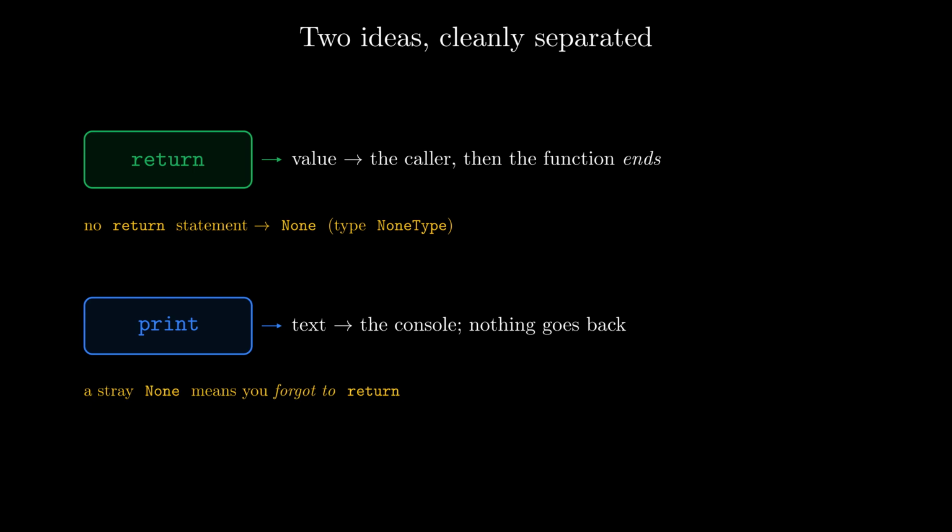It usually means you computed the answer and printed it, but forgot to return it. And remember the asymmetry. Return is legal only inside a function and fires just once, while print can live anywhere and fire as often as you like. Master that and the function stops surprising you.